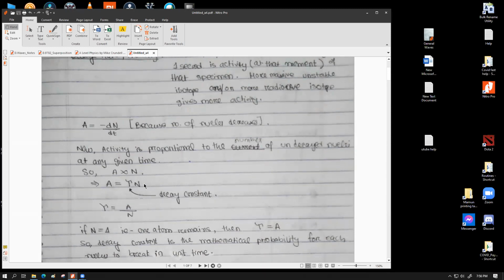So A equals lambda N. Lambda is the decay constant. The decay constant for a specific isotope is a fixed number. It is somewhat similar to density or specific heat capacity. For example, the uranium-235 isotope has a decay constant. No matter how big a lump or how small a lump you take, you will always have that decay constant. It is a property of the material, of the isotope.